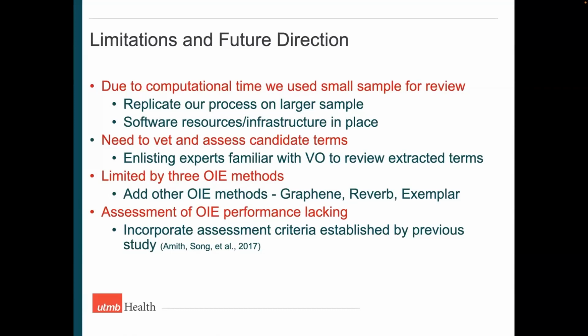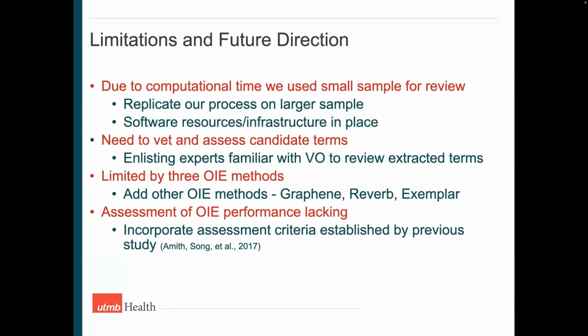Our extracted terms originated from abstracts and not from the full text. However, we assume that we can gather additional terms using the full text of the PubMed articles, and we may investigate using full text in the future. And while we extracted potential terms for entities, there is a need to vet and align them to the vaccine ontology. So we propose in the future enlisting experts who are familiar with VO to review our extracted terms for potential addition to the VO's terminology scope.